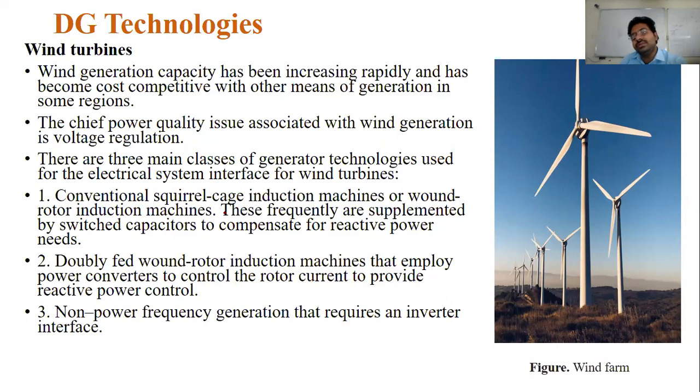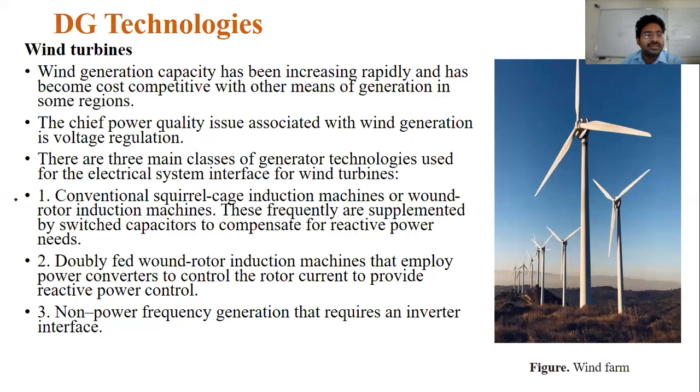So this is also clean energy. It uses wind as the fuel to generate power. There are different types of generators we use here, some auxiliary generators and some induction type generators. So this is one of the very clean energies.